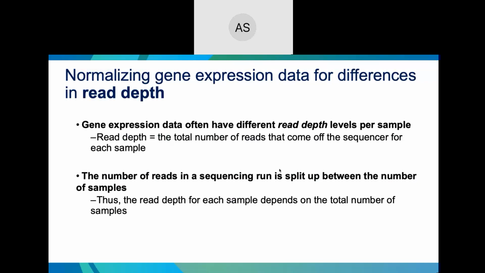You could do a sequencing run on one machine with 4 samples in your experiment, and then you could take 6 samples and run them on the same sequencer, and those 6 samples will each have a lower sequencing depth than the 4 samples because the total reads for each run were distributed between more samples.